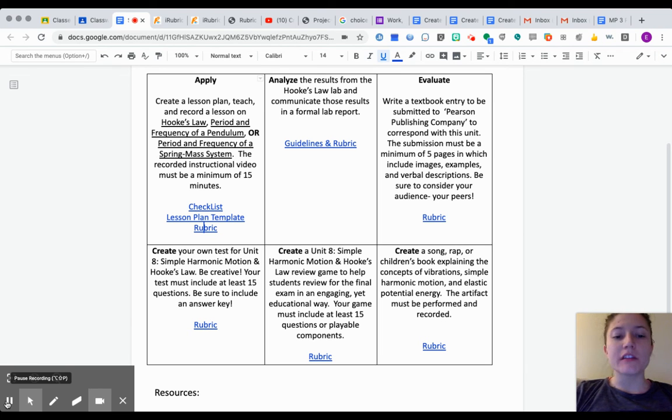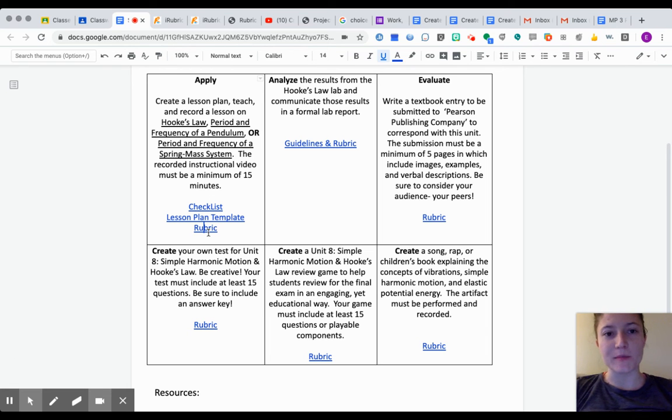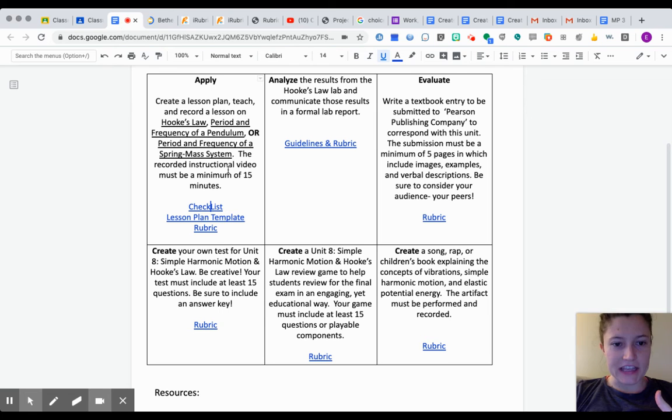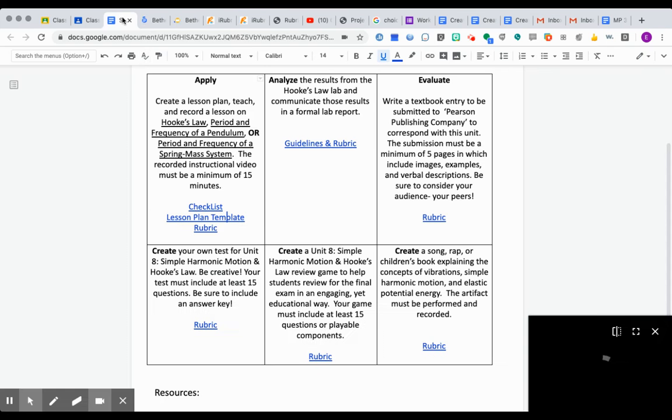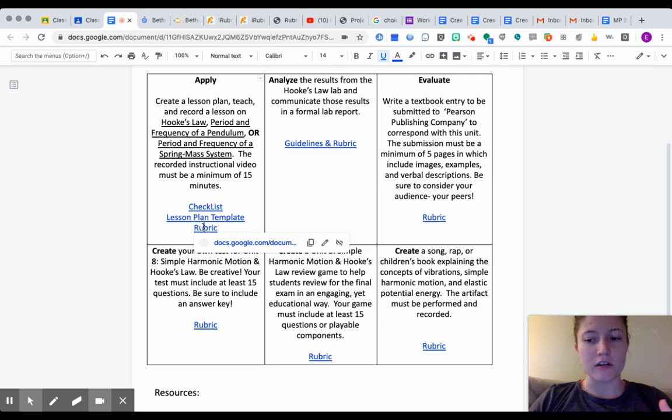Okay, so there are 3 materials that are hyperlinked here to help you plan this, execute it, and determine how you'll be graded. So there's a checklist that kind of gives you an idea of what should be in a lesson. There's a planning template to help you plan out your lesson.